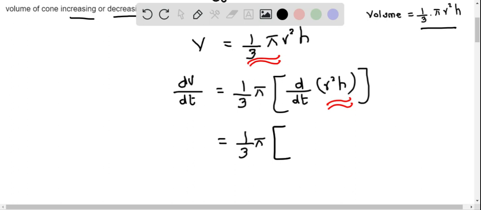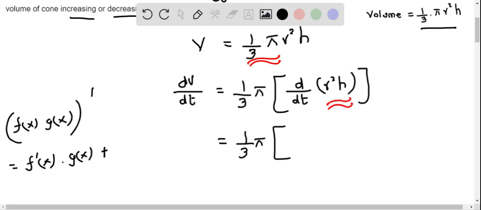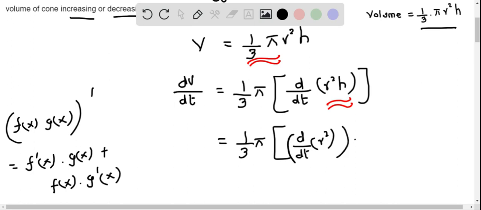That is basically the product rule. Suppose we have the function f(x) multiplied by g(x), the derivative of this is equal to f prime of x times g of x, plus f of x times the derivative of g of x, which is g prime of x. In the same way we can do it. First let me find the derivative of r squared, keeping h as constant.